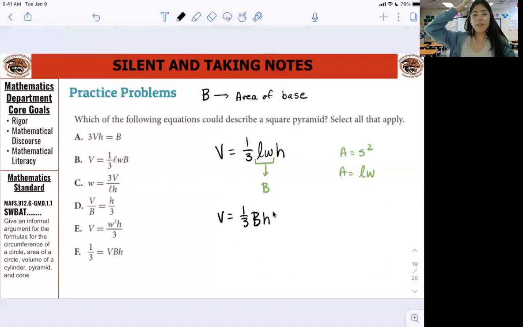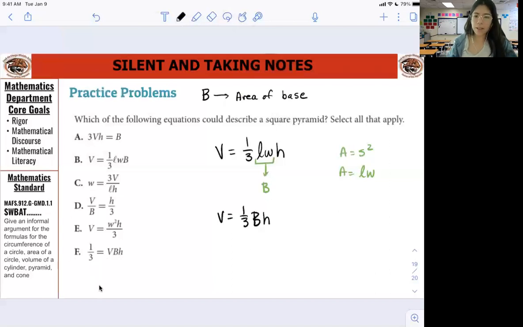Now from here, do we notice anything that matches? Or anything we can get rid of? Get rid of D. Or just D, yeah, you're right.